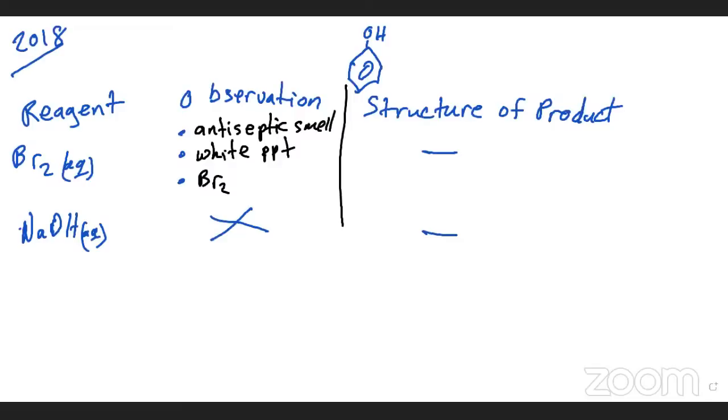All right, let's go again. As I said, the bromine water will be decolorized.